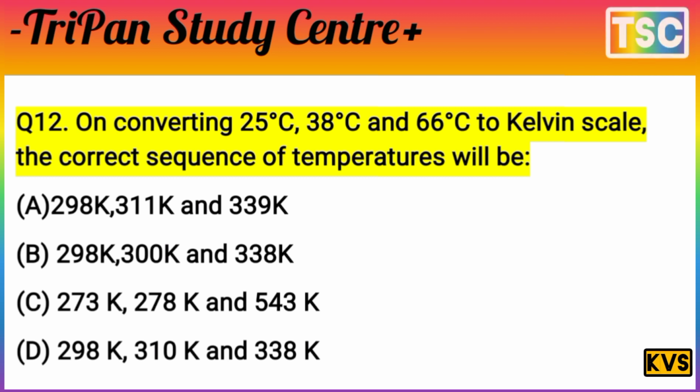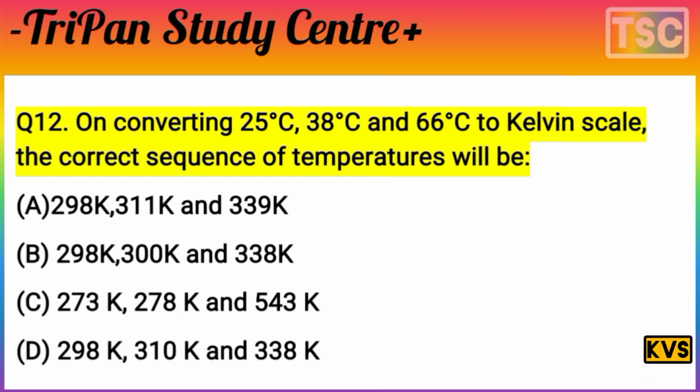First of all, add 273 to 25. 25 plus 273 is equal to 298. So 298 is in options A, B and D. It means C is eliminated here, and A, B, D remain.